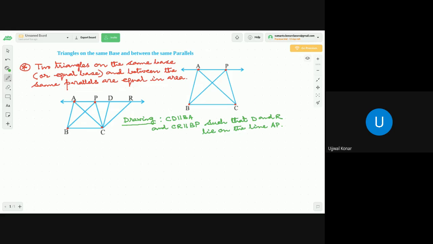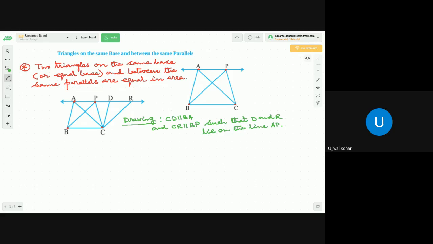These two parallelograms, PBCR and ABCD, are of equal areas because they are on the same base BC and between the same parallels BC and AR. So from this we obtained two parallelograms PBCR and ABCD.